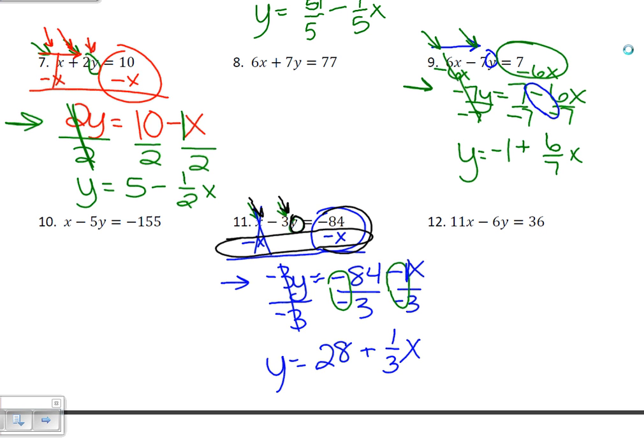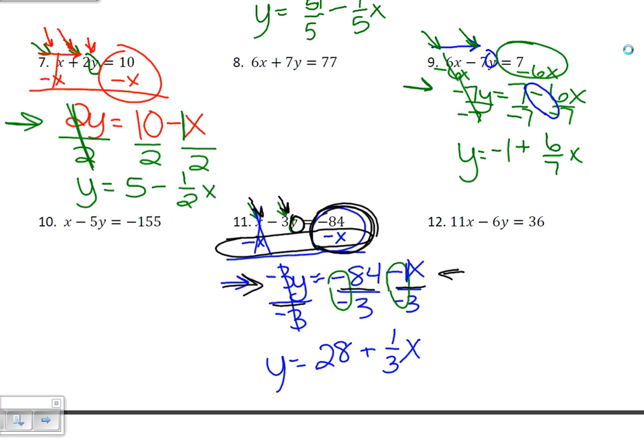Remembering that I cannot combine these because these are not the same, I'm going to write exactly what it says, which was negative 84 minus x. The next thing I did was divide by negative 3 because they multiplied by negative 3. Okay, dividing each piece by negative 3 and then simplifying.